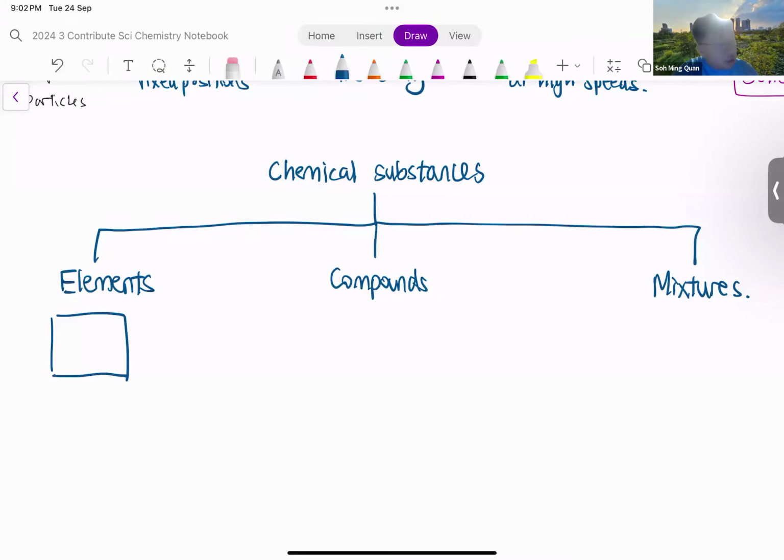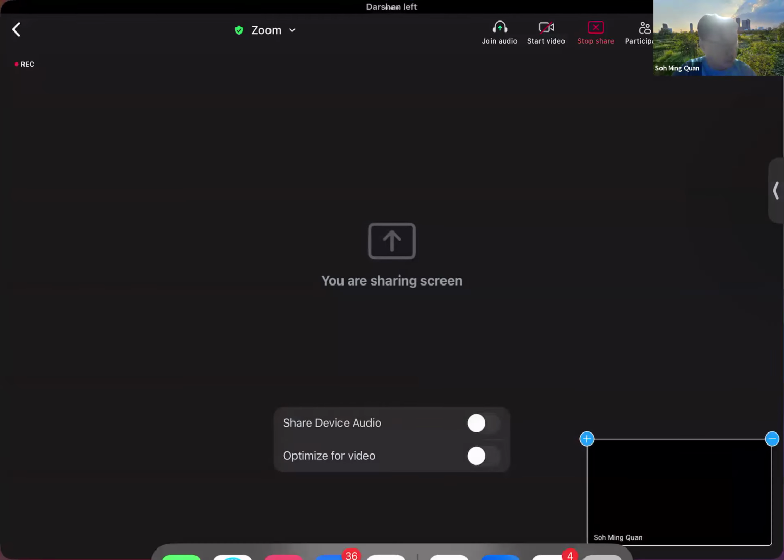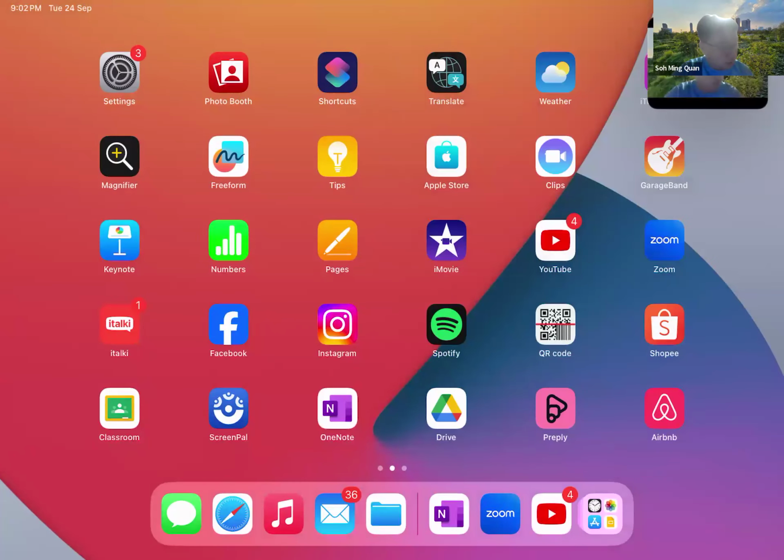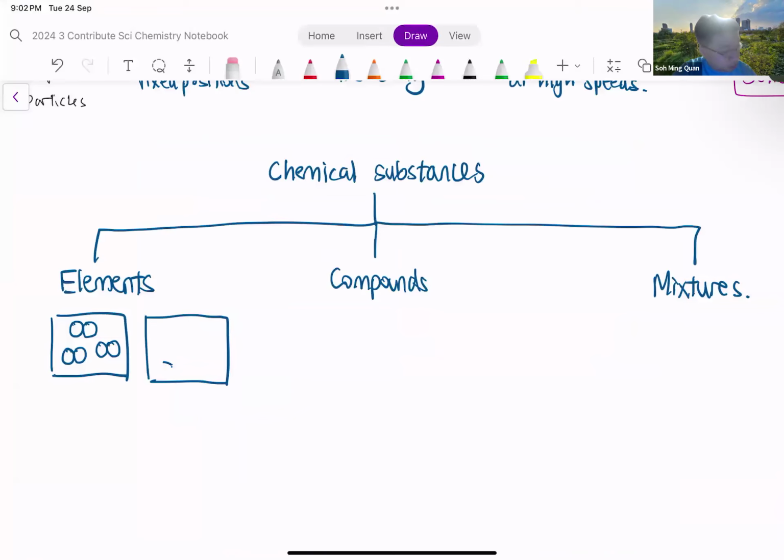Now, elements should be quite easy to identify, because if you look at the particles, they look something like that, or something like that. Right?